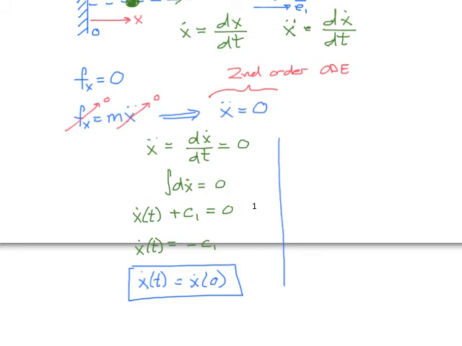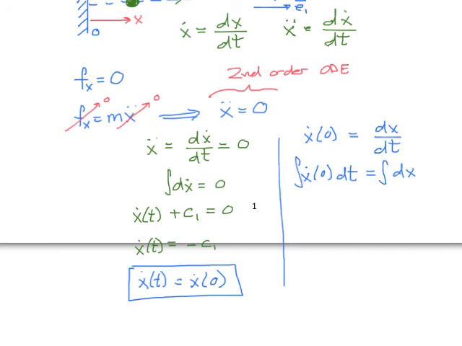And then to find position, which is the other part of the state that we're interested in, we know that x dot, this is our speed, is equal to dx/dt. We rearrange our terms using separation of variables, and then integrate both sides.